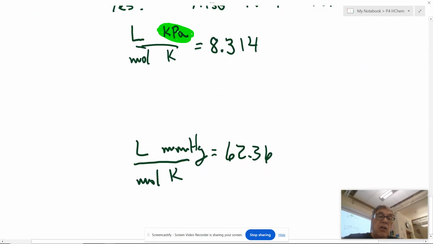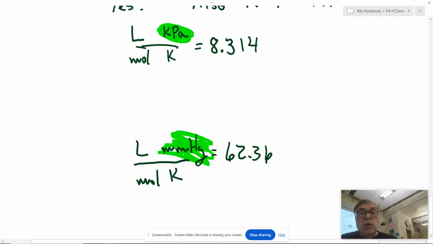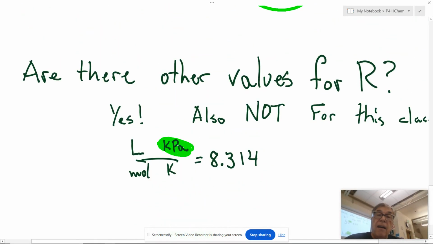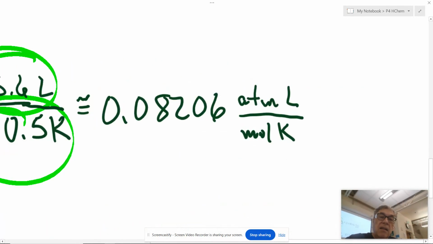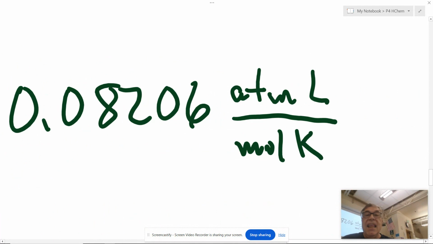If you see the unit millimeters of mercury, you're going to need to change that pressure to atmospheres, because the only value for R we are going to be focused on is 0.08206. That's the value for R for you.